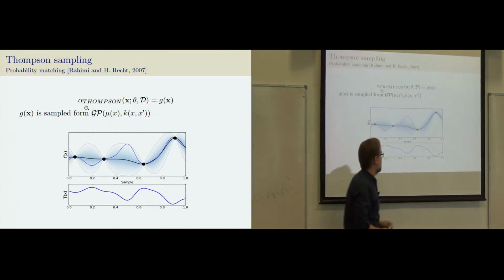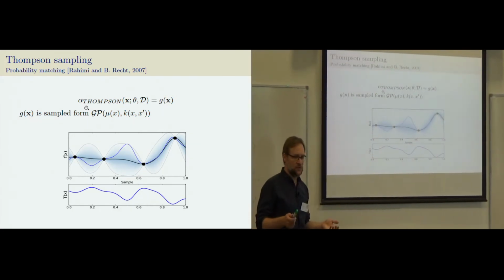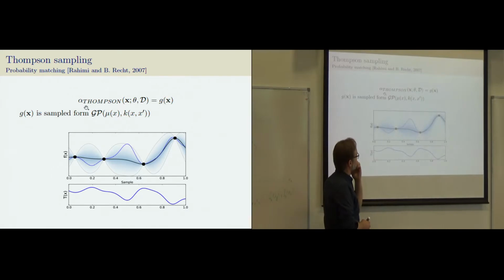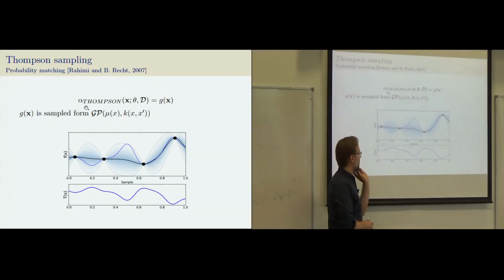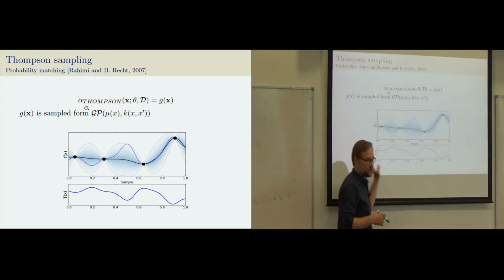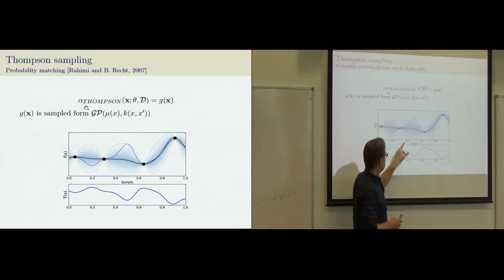Thompson sampling. Another thing you can do is to say, well, look, I'm just going to draw a sample from my Gaussian process. I'm going to minimize it because we're minimizing. I take minus the sample and maximize for consistency with the rest of the acquisitions. I take the optimum, in this case this point over here, right?